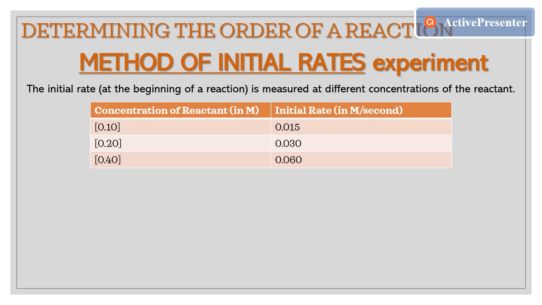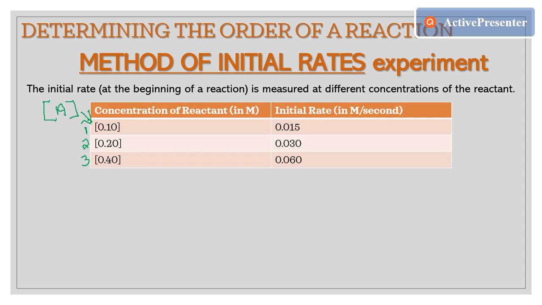Now let's look at another one. This is a new one, and this is again the concentration of A in moles. So that's these, and we have experiment 1, experiment 2, and experiment 3.